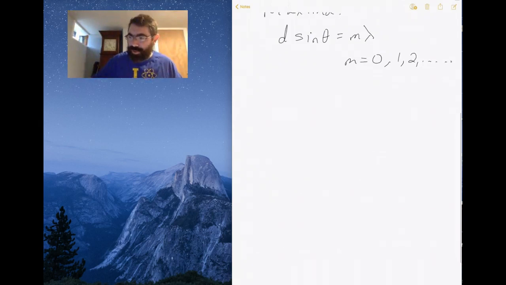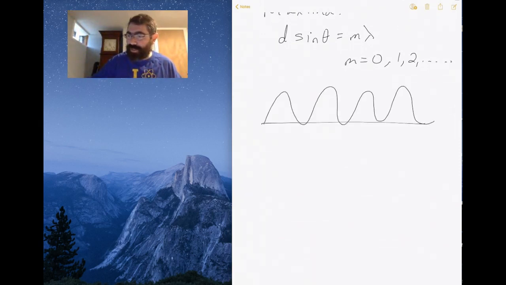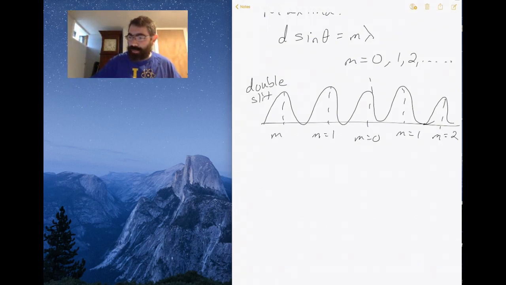So just drawing it one more time, double slit diffraction would give me a pattern of equal intensity here. So this is double slit, where I've got m equals 0, m equals 1, m equals 2, and on the other side, m equals 1, m equals 2.